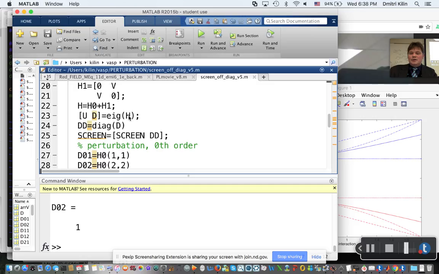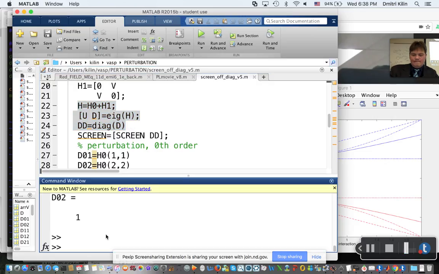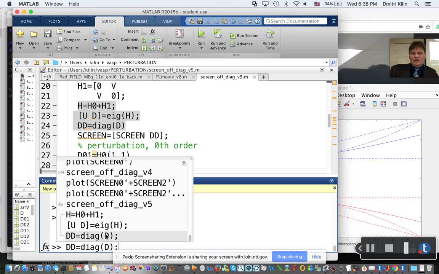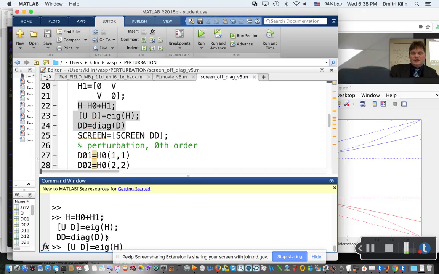Upon the diagonalization, let me bring up this couple of lines. If we diagonalize, then we get two sorts of answers: eigenvalues and eigenvectors.